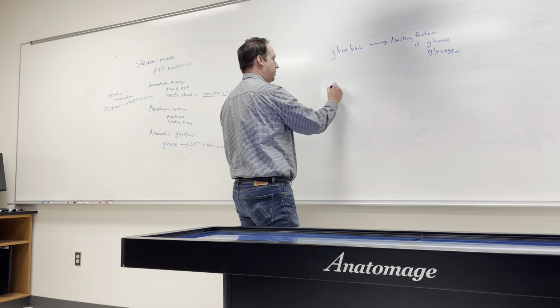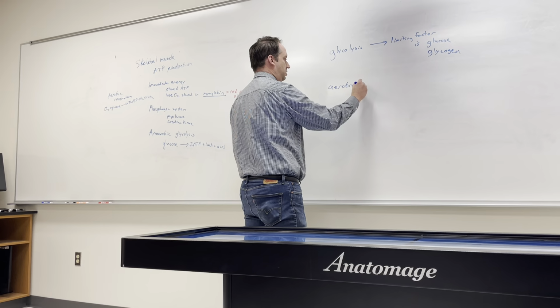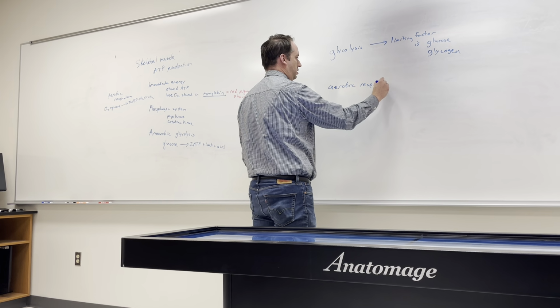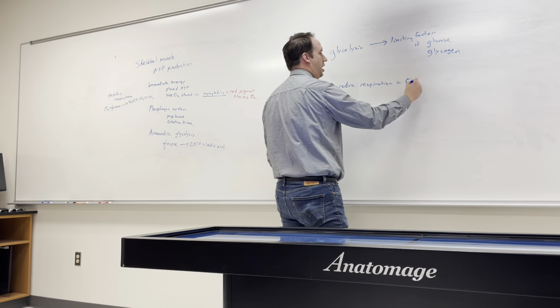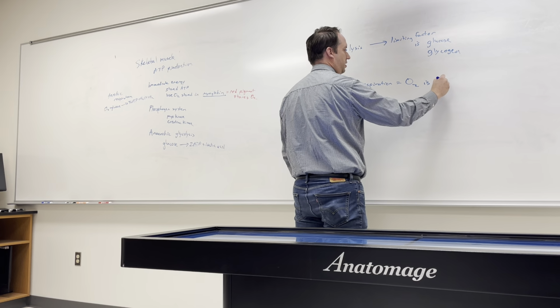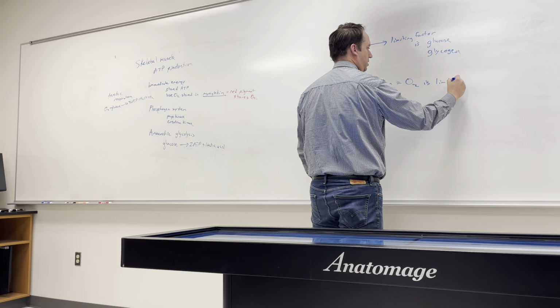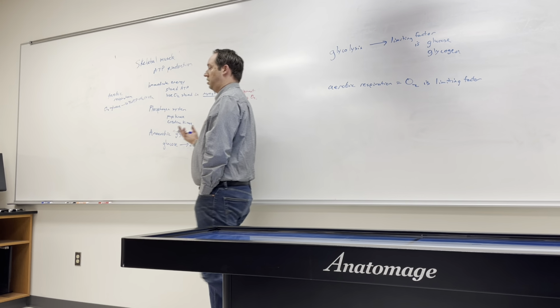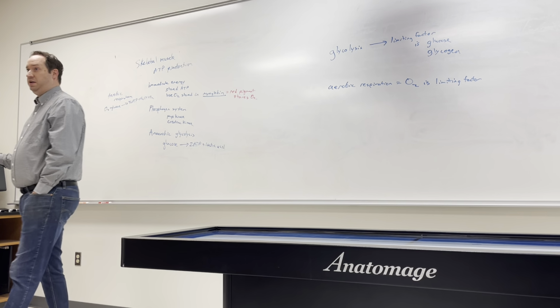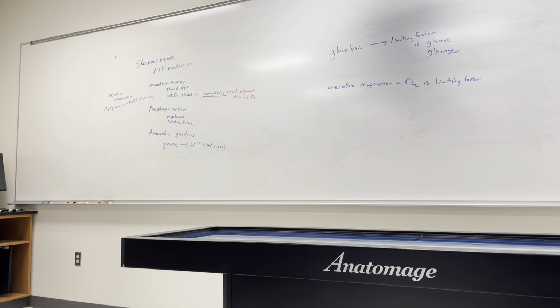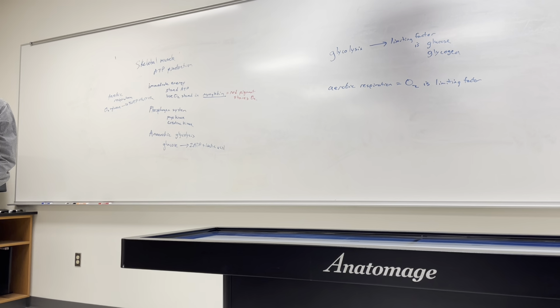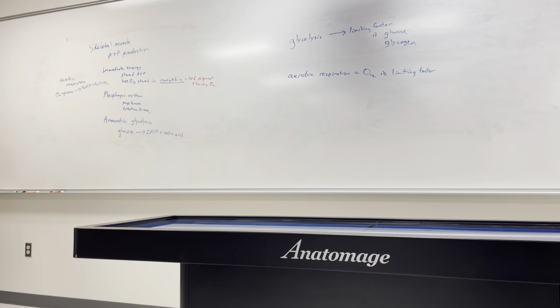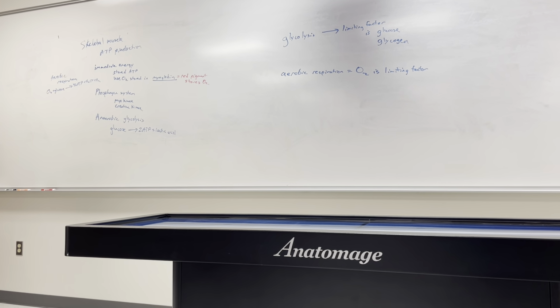For aerobic respiration, oxygen is the limiting factor. Because you can burn glucose, you can burn glycogen, you can burn fat, you got the fuel. You're only limited by how much oxygen you can bring in and how much of this reaction will take place.